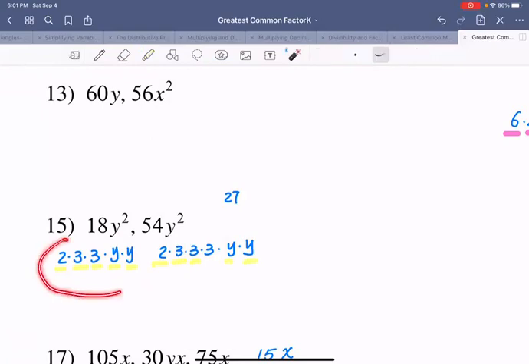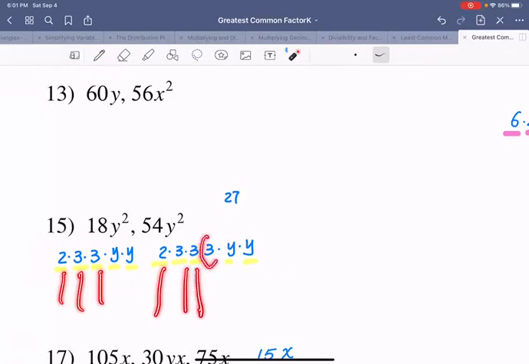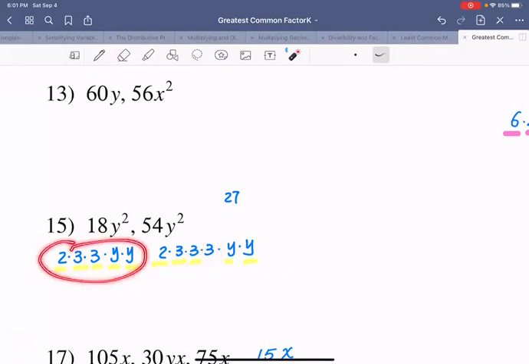You are looking for the ones in common. You cannot pick this one because it does not have a 3. You have to pick the one that appears in both. That's a way to look for the common factor. Then the product is the greatest common factor.